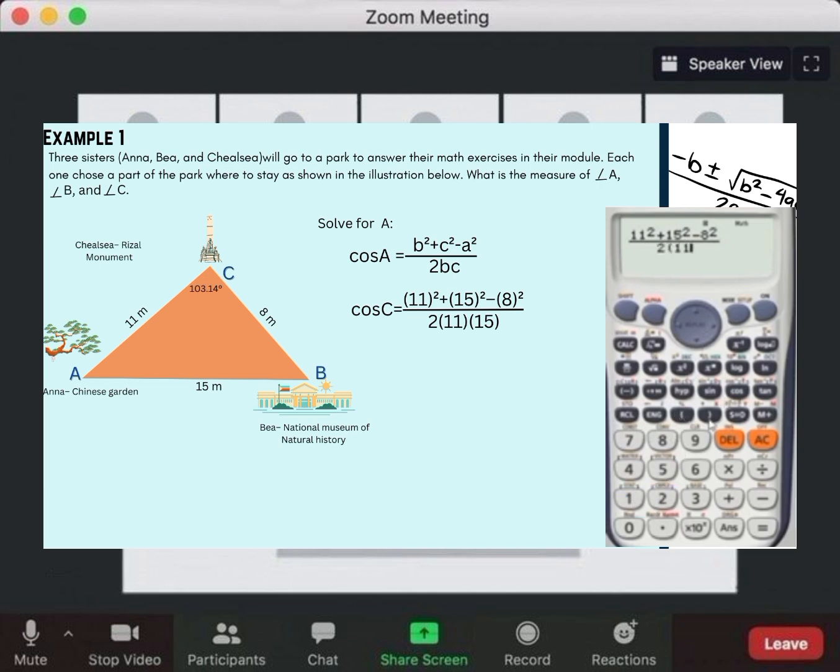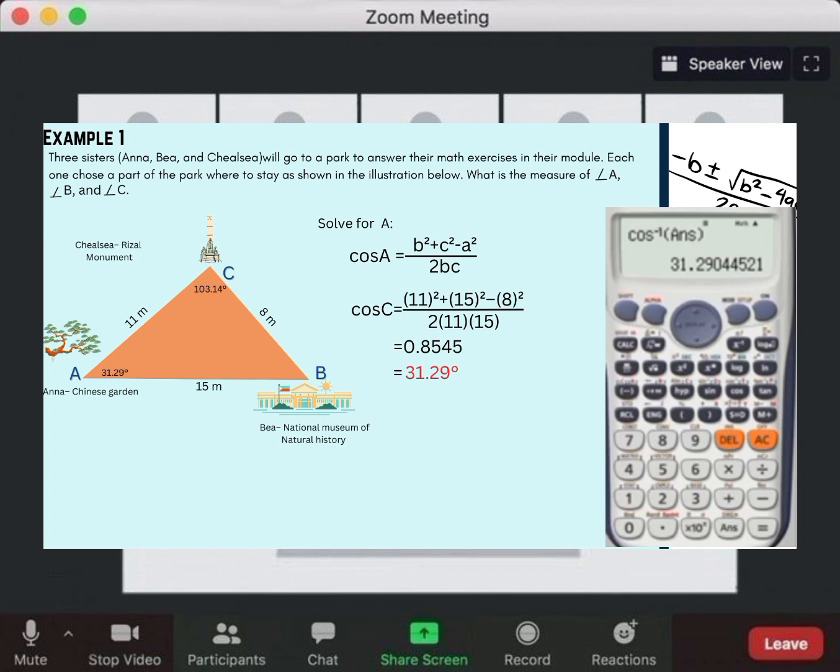We have 0.8545. To get the angle, click shift and cos, the answer, enclose and equal, and it will be 31.29 degrees. So the angle A is 31.29 degrees.